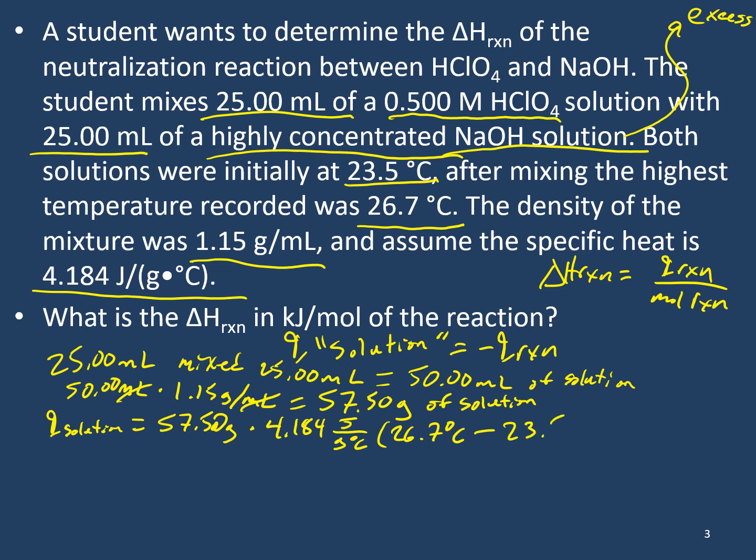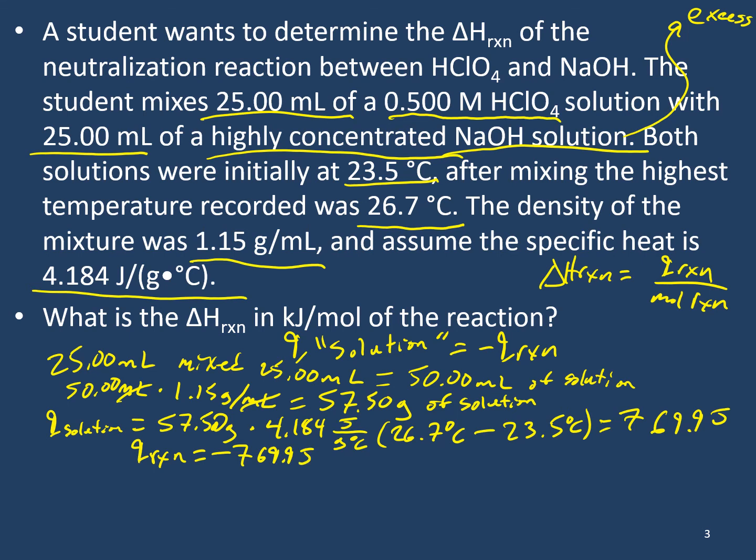My initial was 23.5 degrees Celsius. And so if we calculate this all out, we get 769.9 joules of energy. Now, this tells me then that Q of my reaction must be equal to negative 769.9 joules.